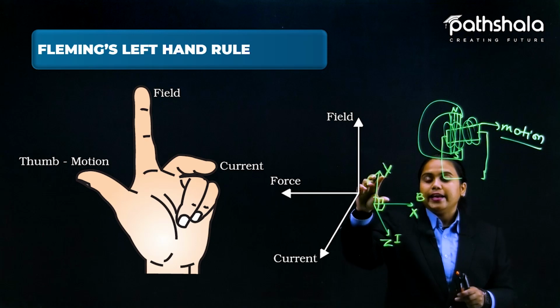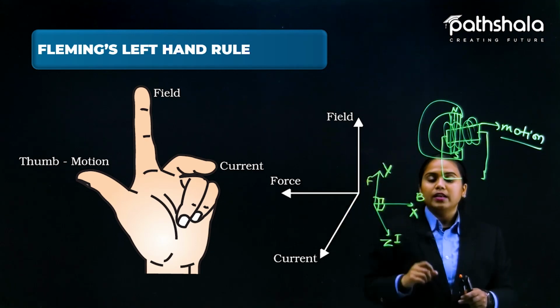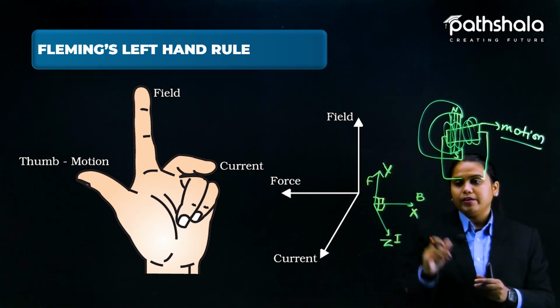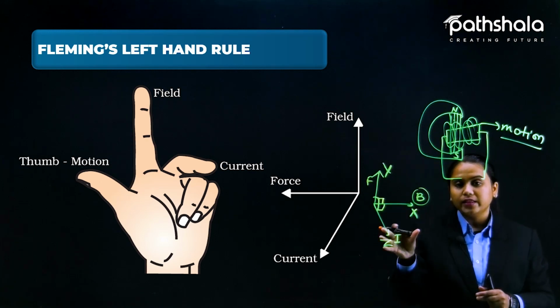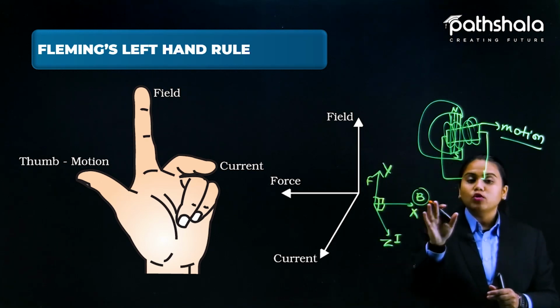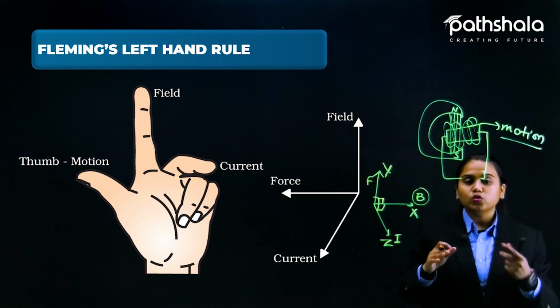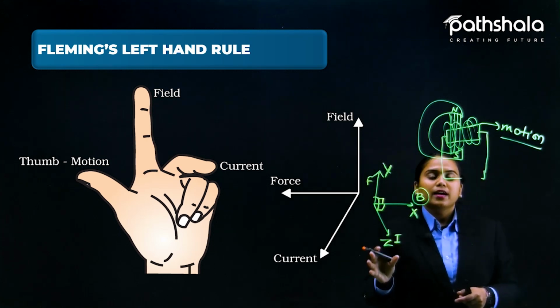Now, if we want to know the force, let's suppose there is an external magnetic field. If we are taking B as a symbol in Fleming's left hand rule, it is always the external one, not the one produced by the current. In the case of current, we just take the current's direction.